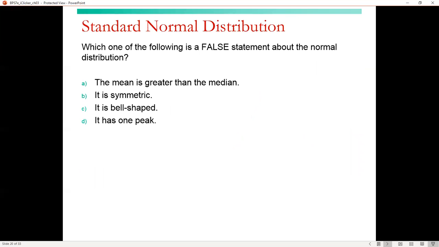Which of the following is a false statement about the normal distribution? It is false that the mean is greater than the median. In a normal distribution, we have a symmetric, bell-shaped, unimodal distribution.